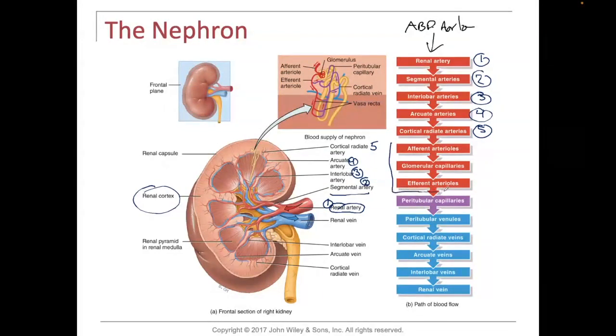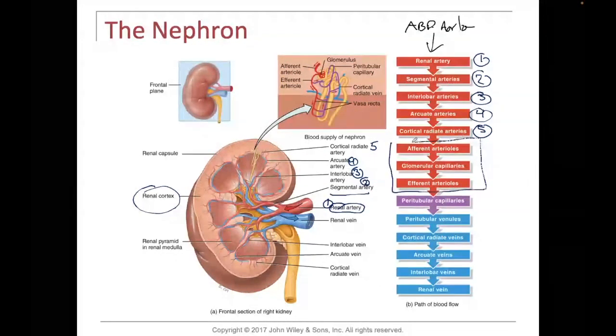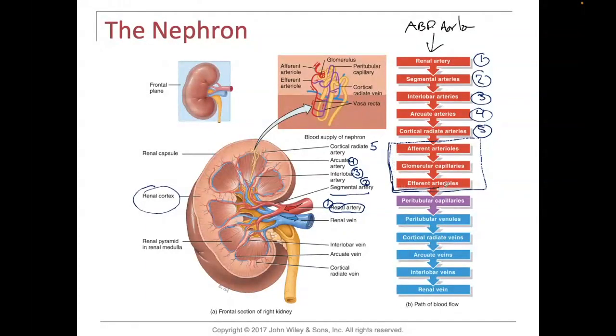Now I'm going to box this in right here: afferent arteriole, glomerular capillaries, and efferent arteriole. I want to focus on that for a second. Right here, I'm just going to circle this yellow tubular system.